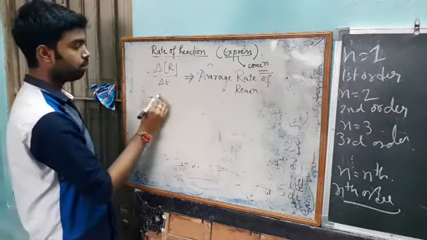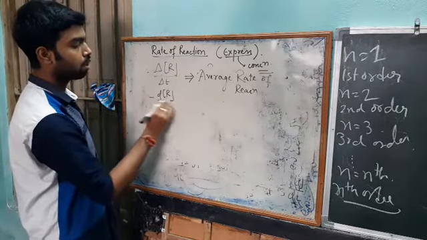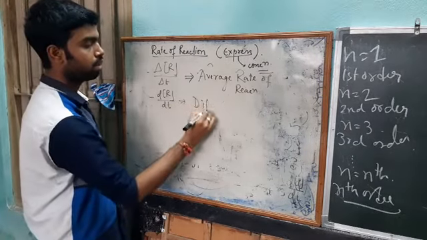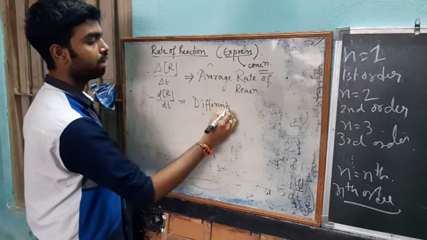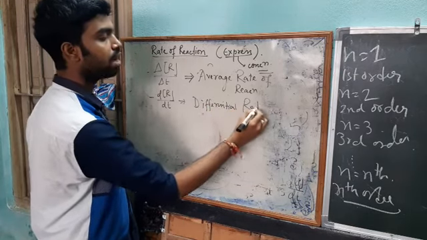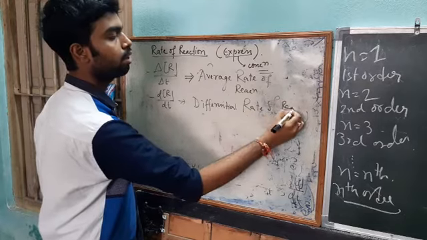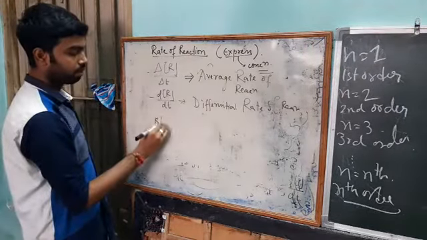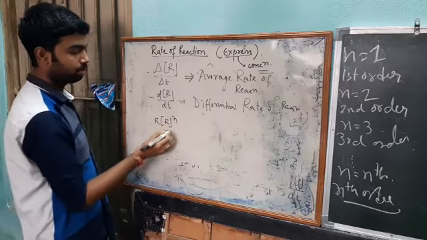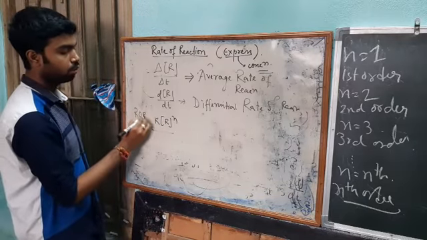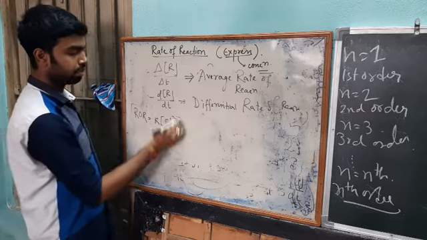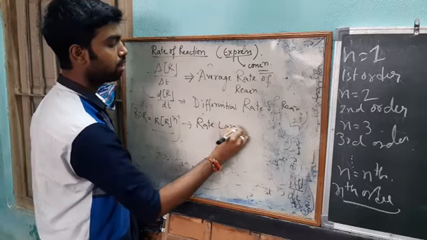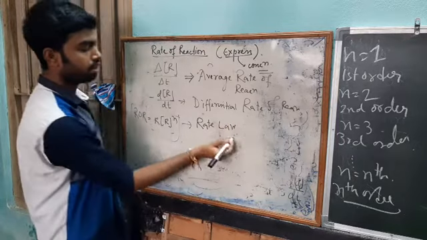If you write the concentration of reactant in this way, it is called the differential rate of reaction. And ultimately, if you write the rate of reaction in this way, which we have learned, then this is basically called the rate law of the reaction.